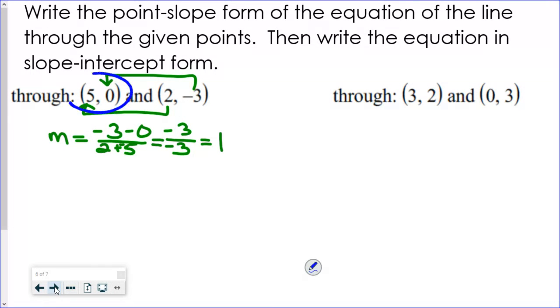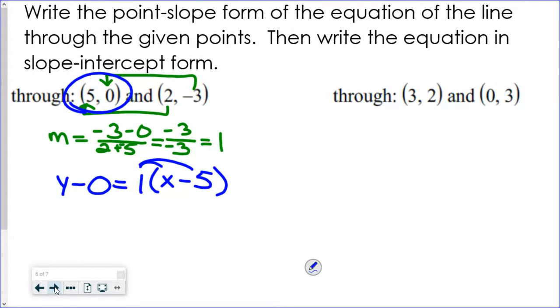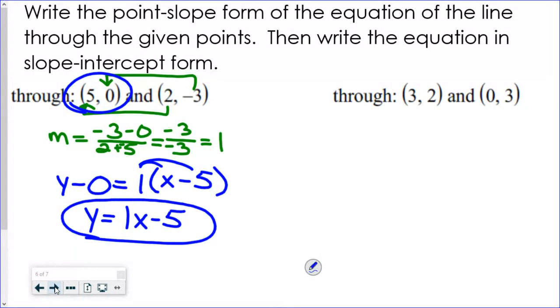Now we typically use the first point. So I'm going to put it in point slope form. Y minus y, my slope is 1, x minus x. And then I distribute. Y minus 0 is just y, so I get 1x minus 5. And that actually is slope intercept form.